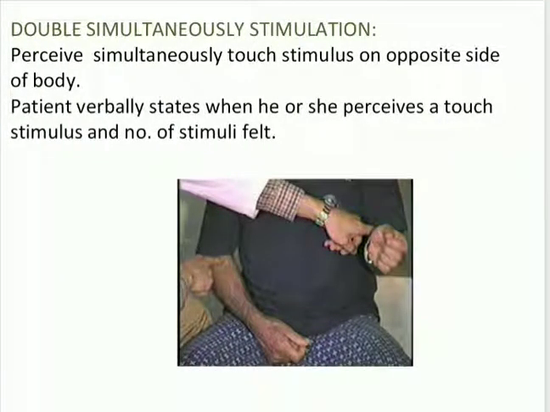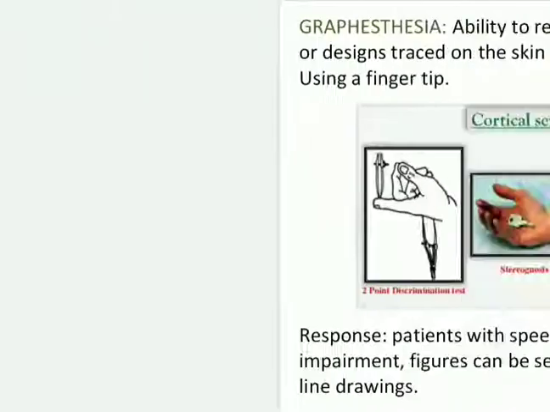Double simultaneous stimulation: use two fingers of your hands to make contact with the skin, and the patient tells whether he or she perceives a touch stimulus and the number of stimuli felt.